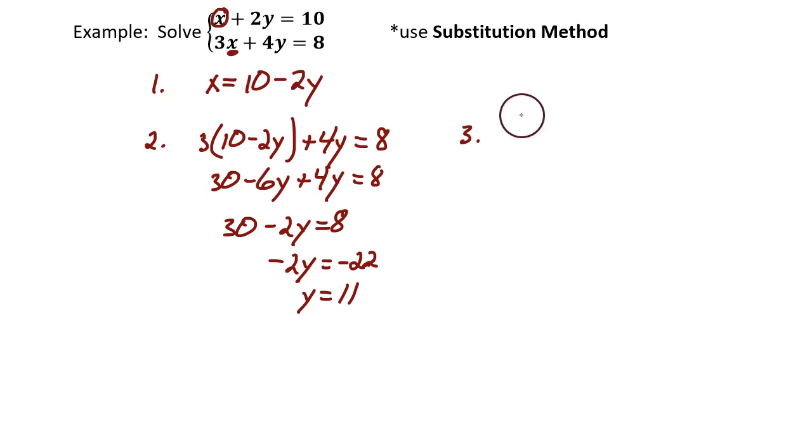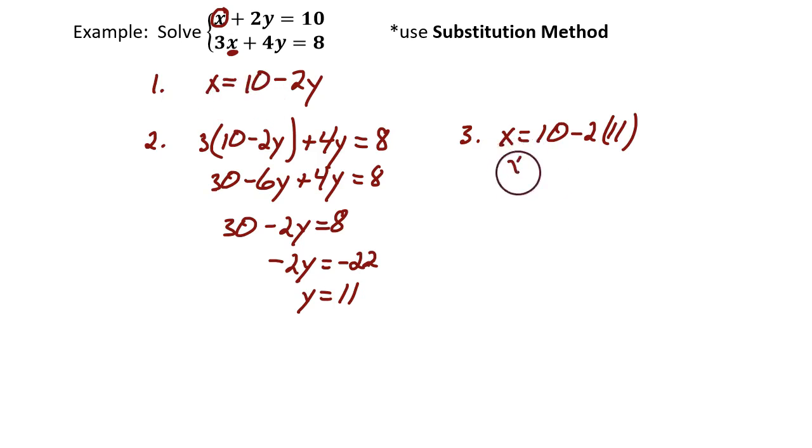Step 3. Now that we know a value of y, we can go back to the equation we created where x was solved in terms of y. Fill in 11 for the letter y. I'm getting this equation from the one I had created in step 1.